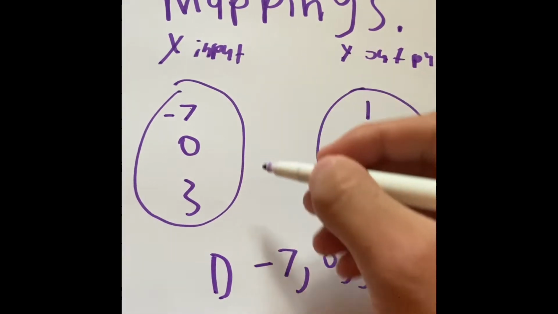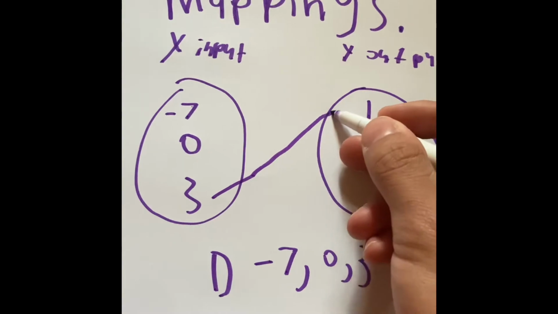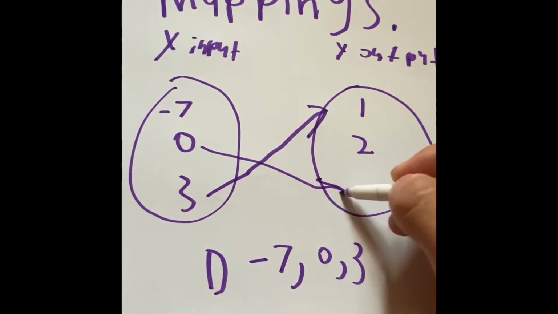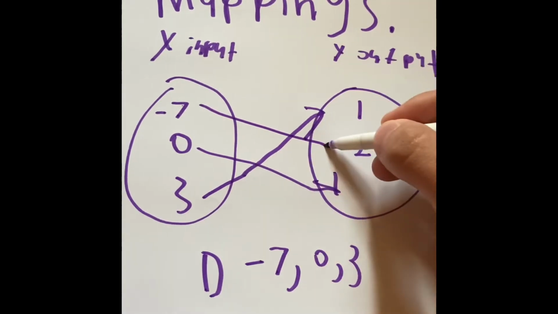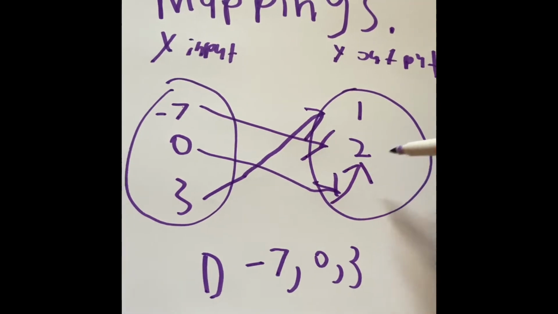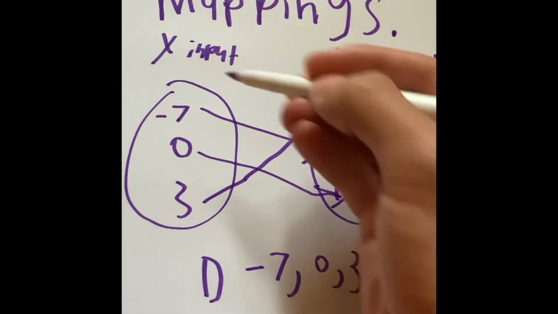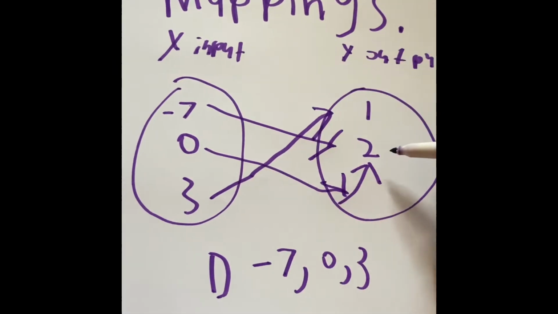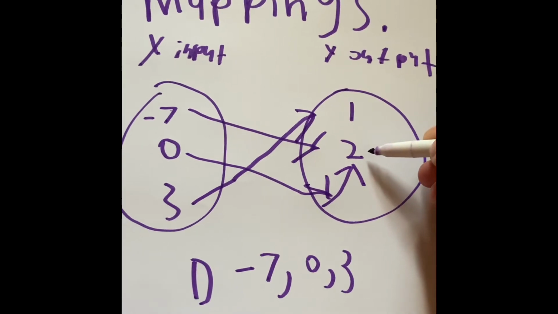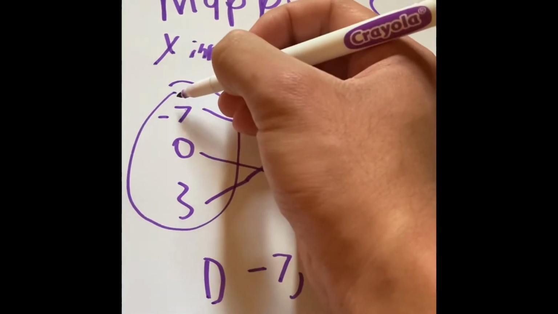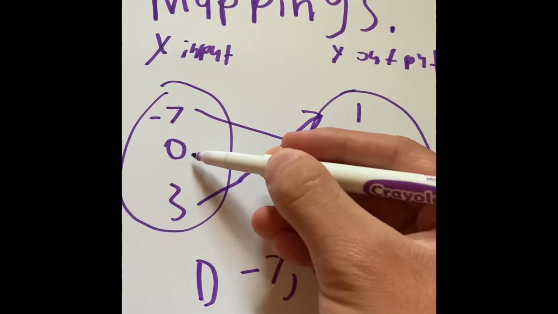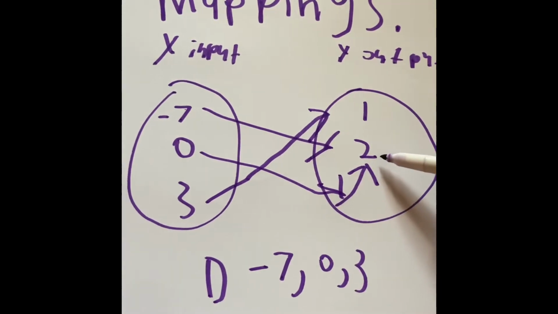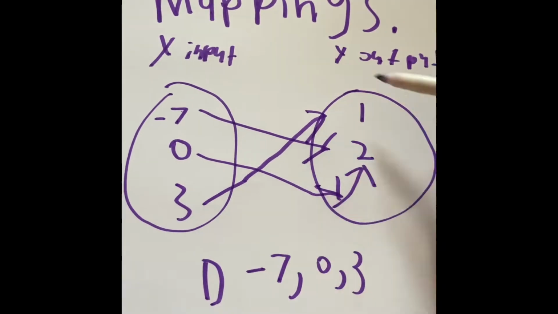When you see arrows that point in this direction, that is telling you that if you put in -7 for x, the arrow is telling you what you will get for y, which is 2. And if you put 0 in for x, that arrow is directly telling you to get to 2. And 3 in for 1.